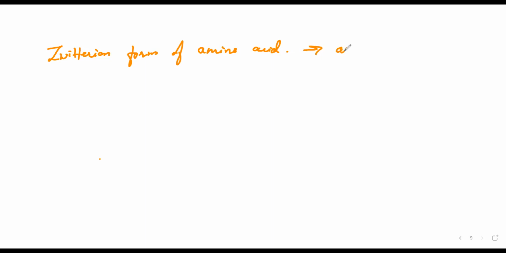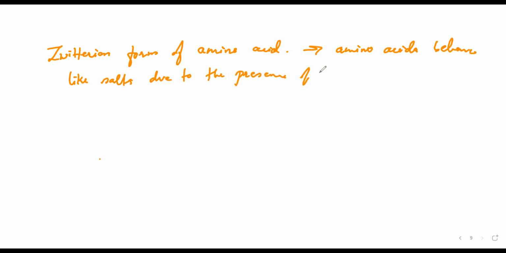So Zwitter ion form of amino acids means the amino acids behave like salts due to the presence of both acidic and basic groups. Acidic is COOH and NH2 is the basic, in the same molecule.